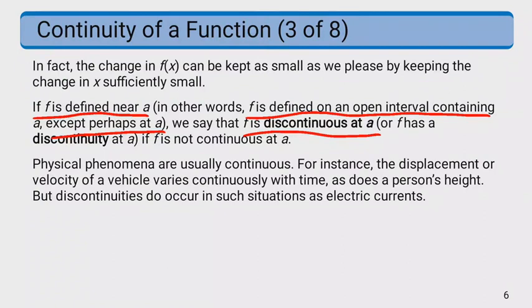Or we can put it simple to say f has some discontinuity at x which is equal to a. So that's what we will do. So you're looking at the whole interval now, you pick one point which is a, then we test the continuity there. But if f is not defined at that point, then we'll say f has a discontinuity at x which is equal to a.